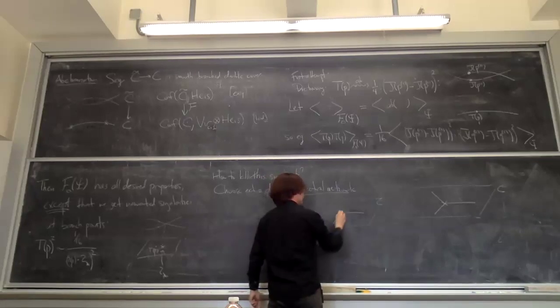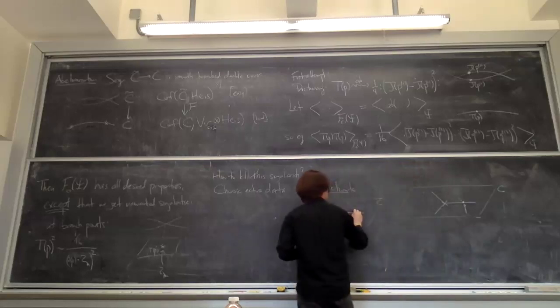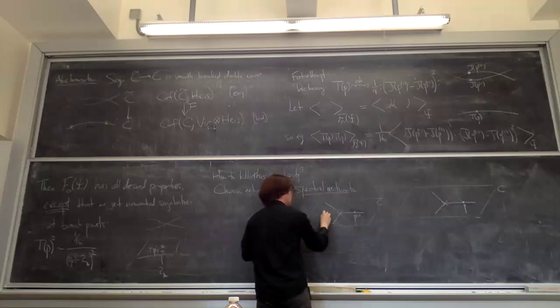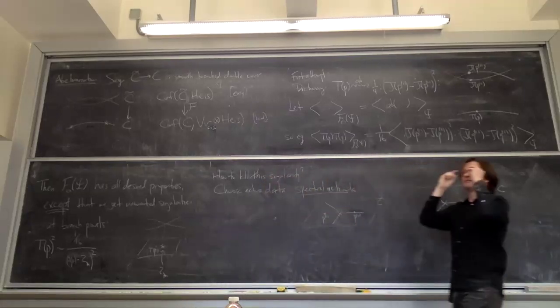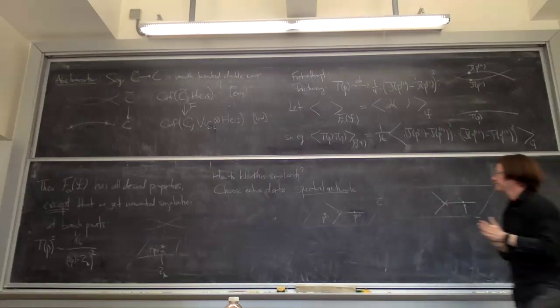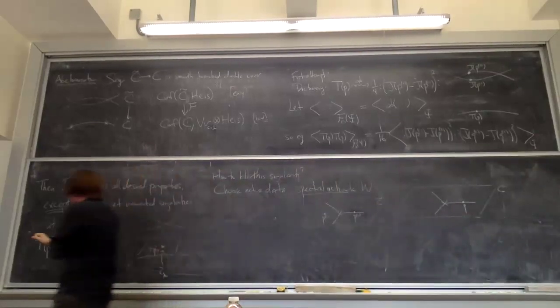I'll decorate them like this, alternatingly dashed and solid. Given a point on this wall, it's going to have its two preimages, P1 and P2. In this picture, they're sitting at opposite ends of the branch point like this. I'll call this spectral network W.